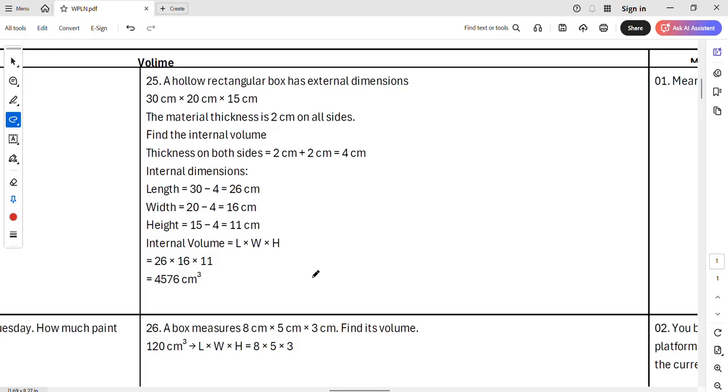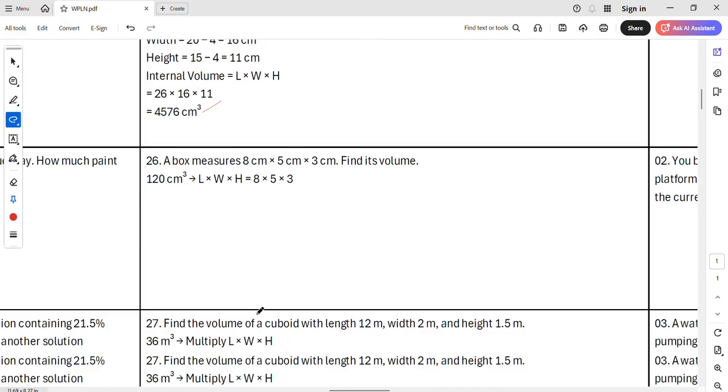Subtract 4 from each dimension: 30, 20 and 15 become 26, 16 and 11. Multiply them all: 26 times 16 times 11 is 4,576. The formula is length times width times height, so this is the internal volume.